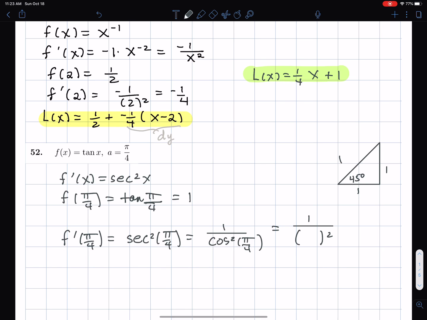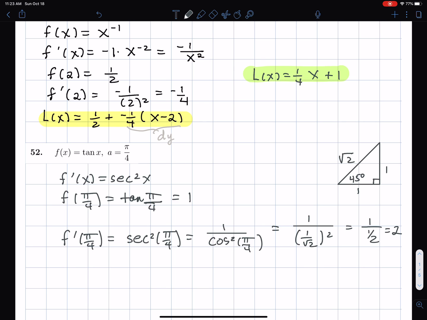Okay, the triangle is like this. Sorry about that. 45-45-90 goes 1, 1, square root of 2. All right, so cosine is adjacent over hypotenuse, so that's going to be 1 over root 2. So therefore, when I simplify, secant squared pi over 4 is 2.